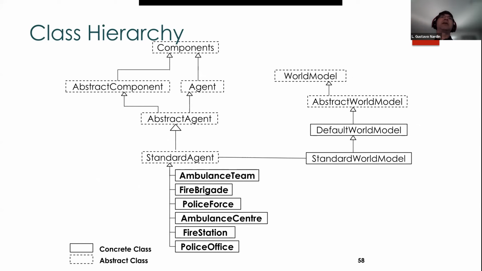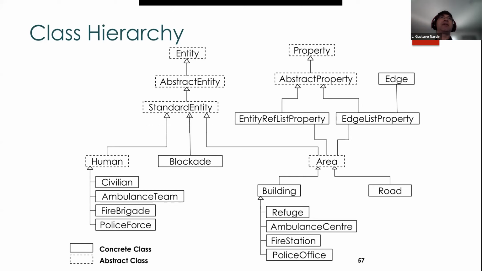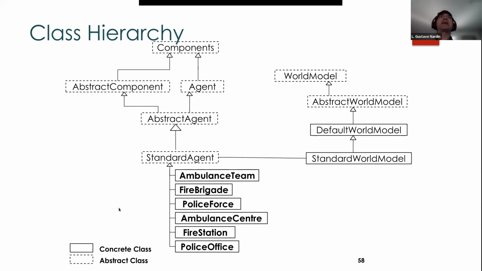In addition to extending the human abstract class, the sample agents also extend the standard agent. The standard agent provides different features to the agent. Actually, it provides the minimum structure that the agent must have in order to participate in the simulation.